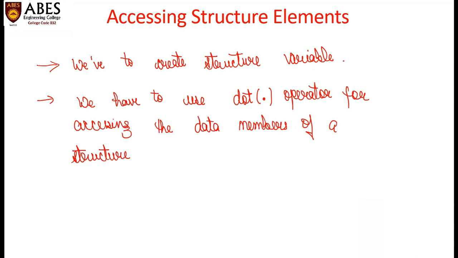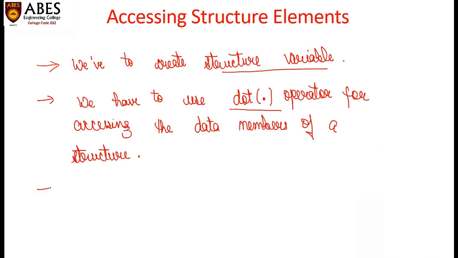Unlike the array, there is no concept of dot operator. But for a structure, if I want to assign or access the data members of a structure defined in that body, then we have to first create a structure variable. And the second important point is to use the dot operator for accessing the data members of a structure.